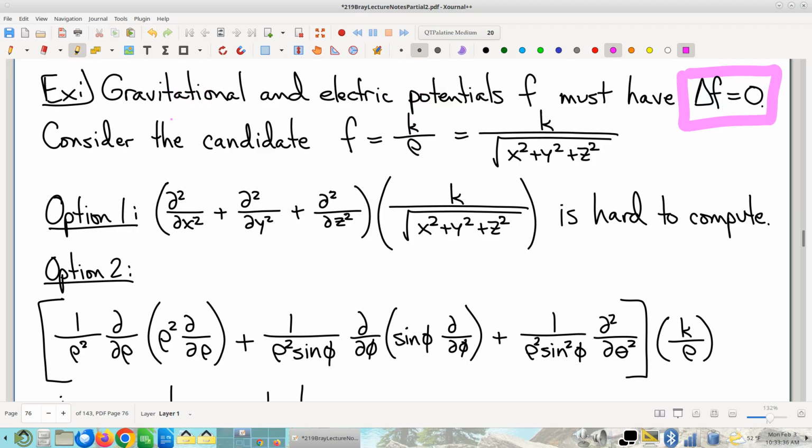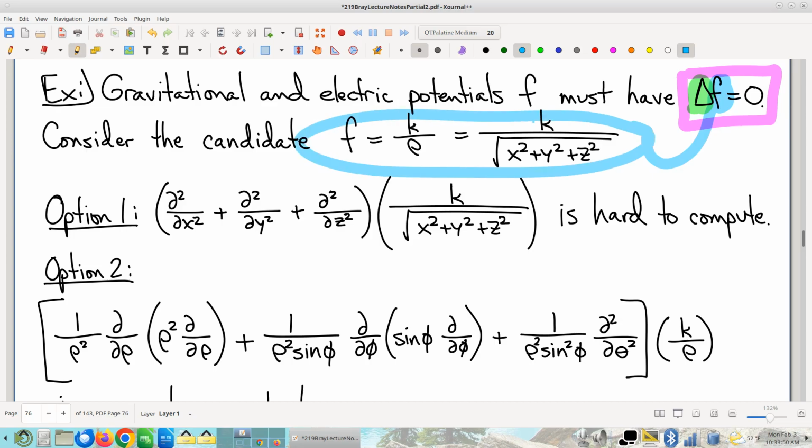Okay, well, it turns out that, as you can see here, the Laplacian, major player, right? And there are functions that actually solve this, that satisfy this equation. Turns out this is a very natural solution to this equation. Everywhere except the origin, of course.